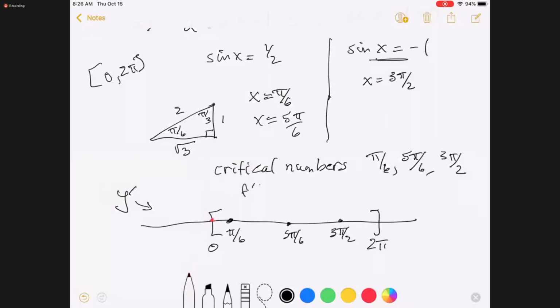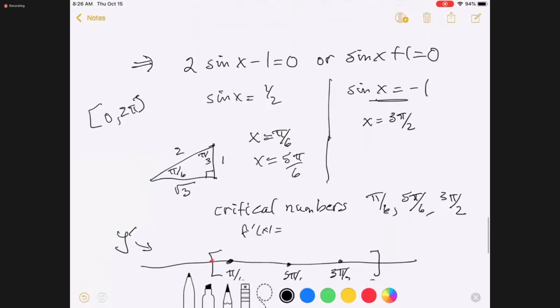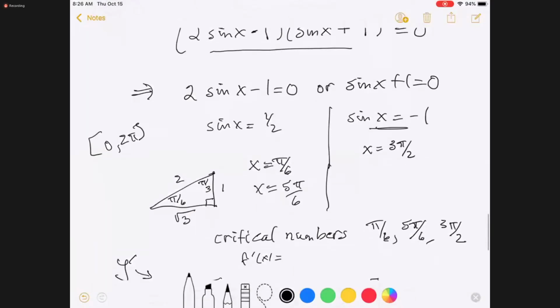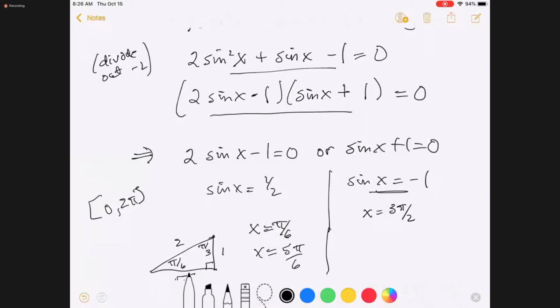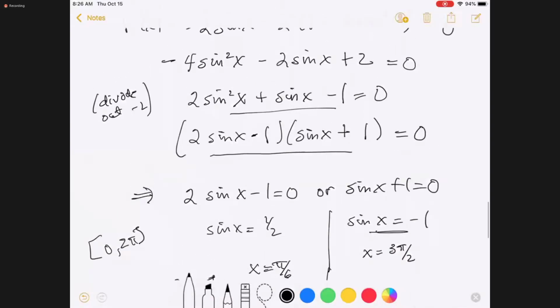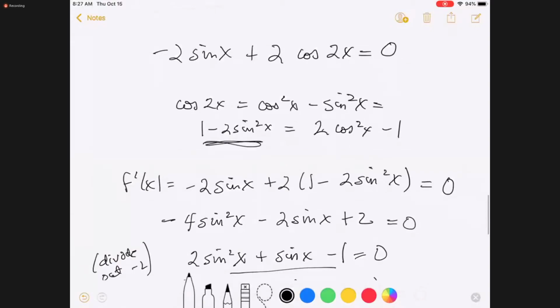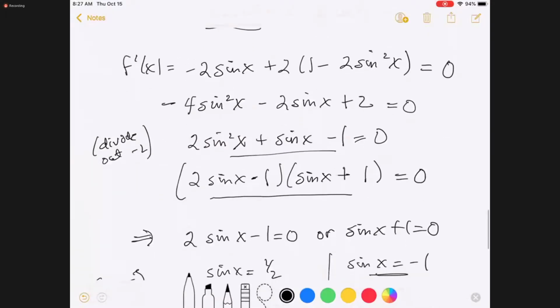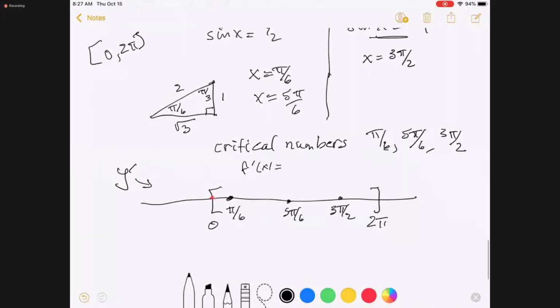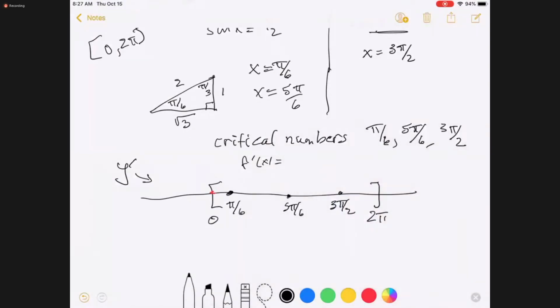F prime, and again, I'm going to leave it in factored form, 2 sine. Well, I factored out a minus 2. Is that going to make a difference? It doesn't make a difference for the 0 part. But I better put it back in here. There's a minus 2 sitting in front of everything.